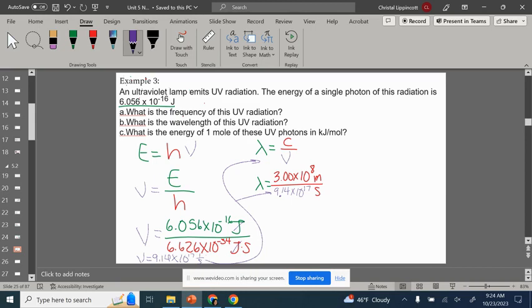So the seconds are going to go on the opposite side of the number, so my seconds are going to cancel out. And that's going to leave me with units of meters. So I ended up with 3.28 times 10 to the negative 10 meters.